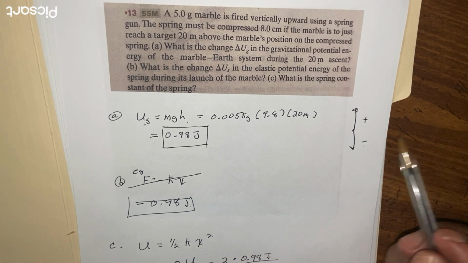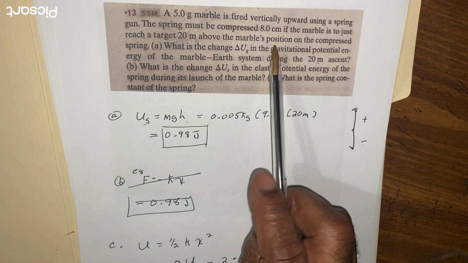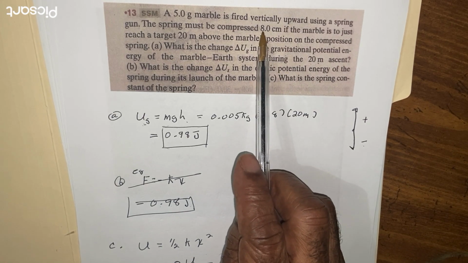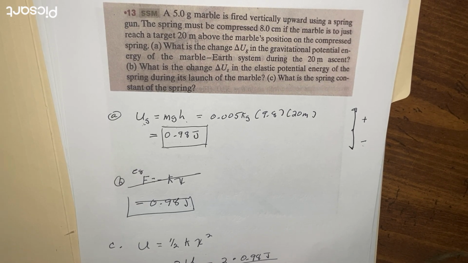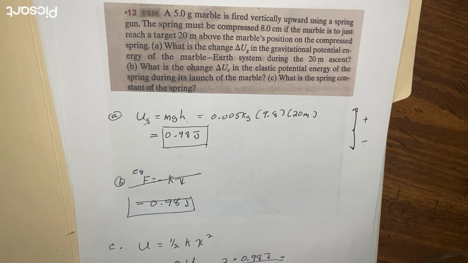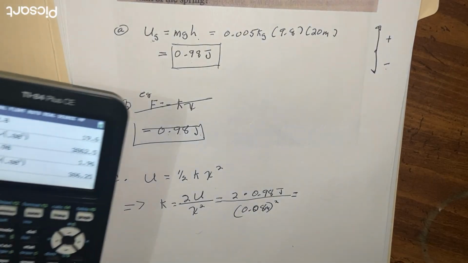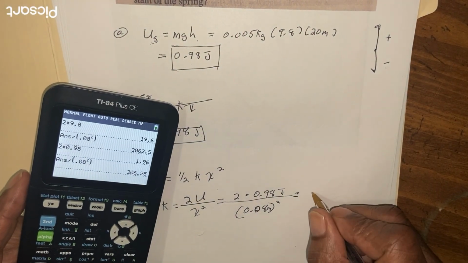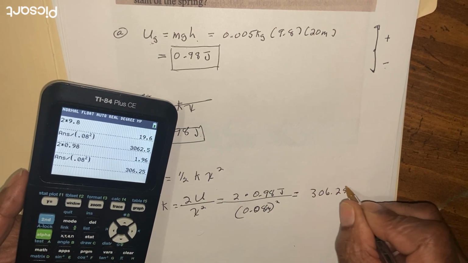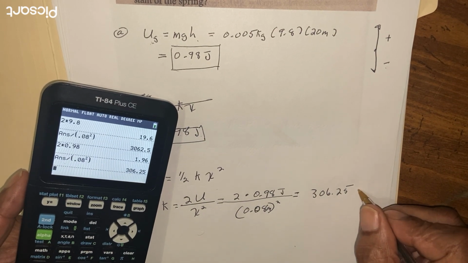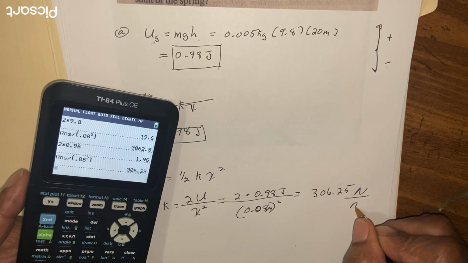divided by x, which is the compression of the spring, which is 0.08 meters squared, and that's going to equal 306.25 Newtons per meter.